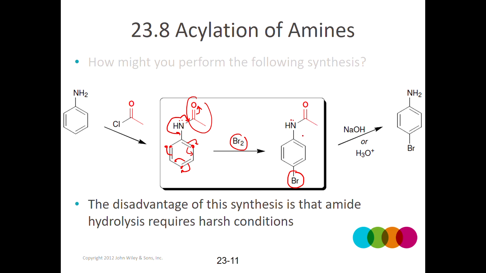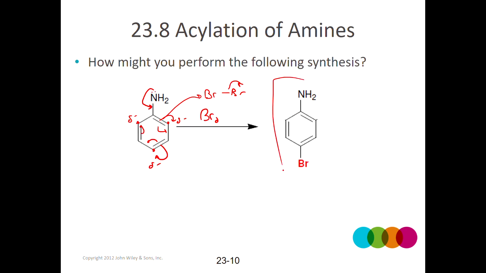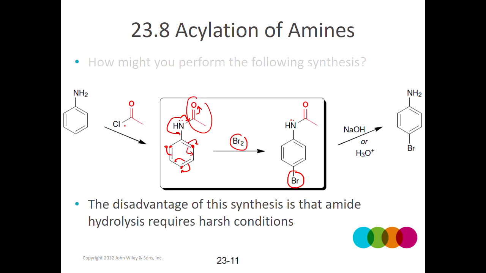But then I have a problem, because if my goal is truly to make this compound, and I've been able to utilize the amide group to make sure that I only get bromine to connect on the para position where I want it, then I still have to remove the protecting group. And as we saw in chapter 21, cleaving an amide and getting the amine is a reaction that requires some pretty harsh conditions.